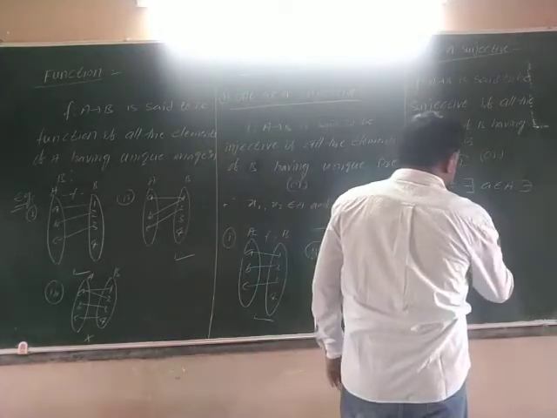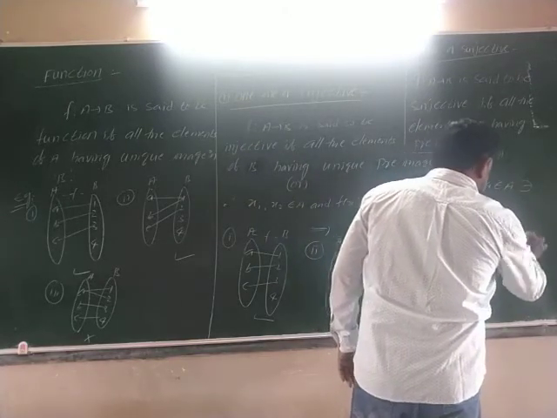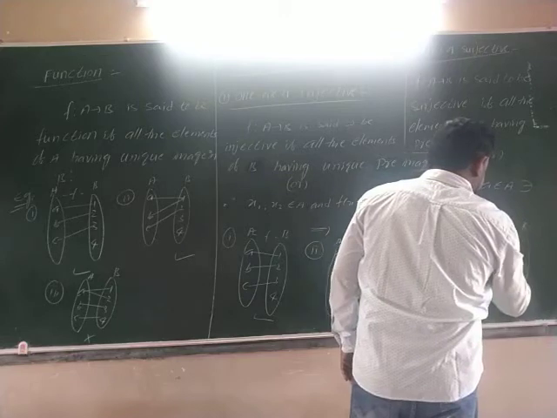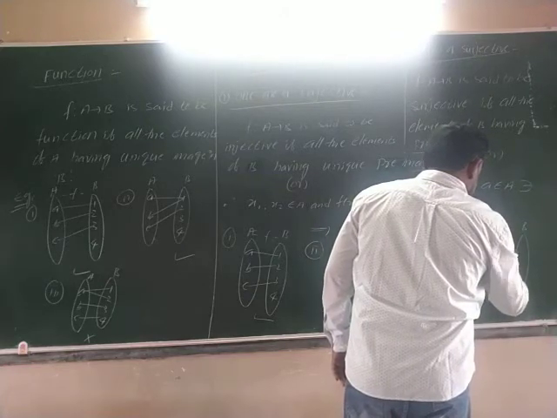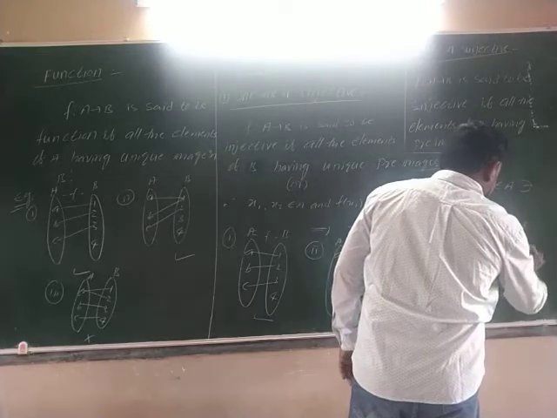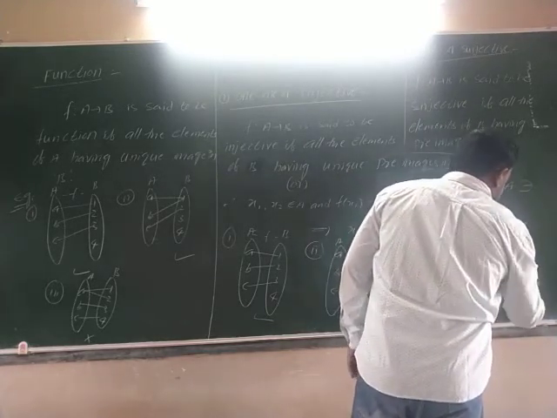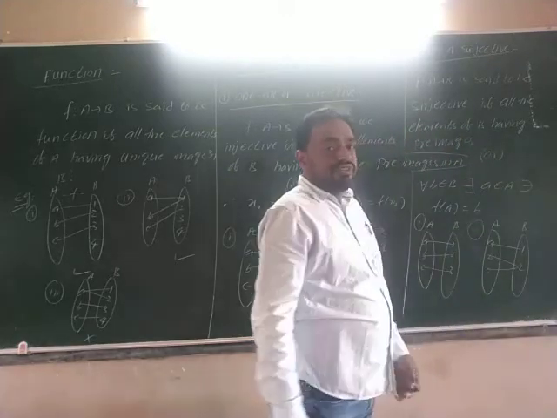Next, the second one, you see set A and set B. Here a, b, c, 1, 2. a is related to 1, b is related to 2, c is also related to 2.